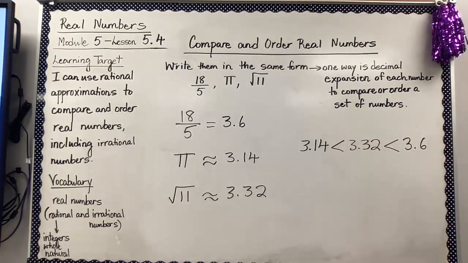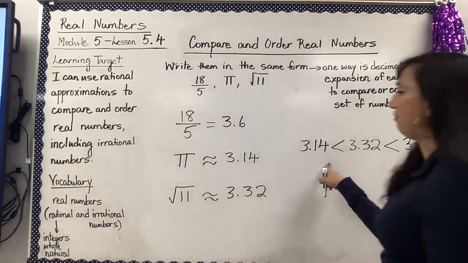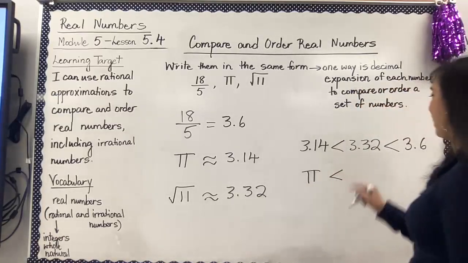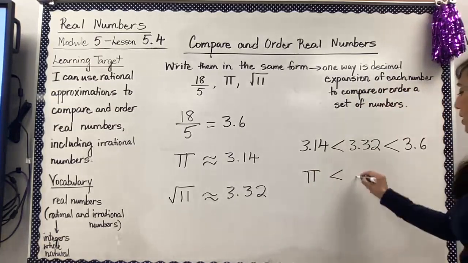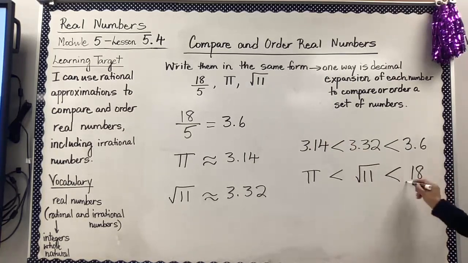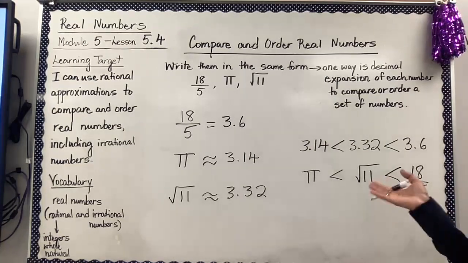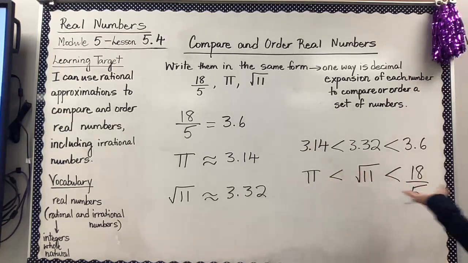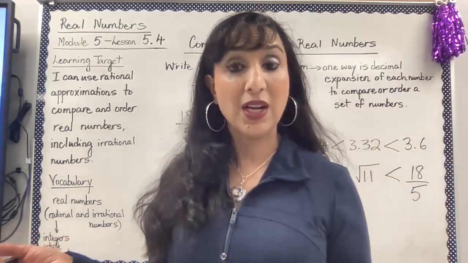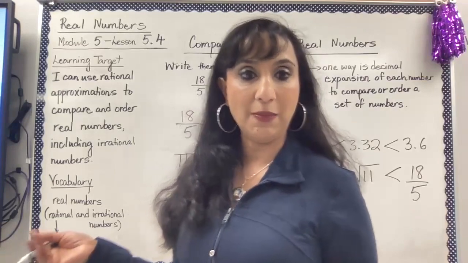Then all I do is replace it back with what I started with. 3.14 was pi, which is less than 3.32, the square root of 11, and 3 and 6 tenths is 18 over 5. Now I can see how I'm comparing it. As you can see, when I convert them into the decimal expansion, it is so much easier to compare them.